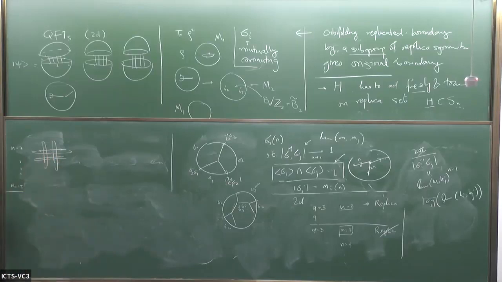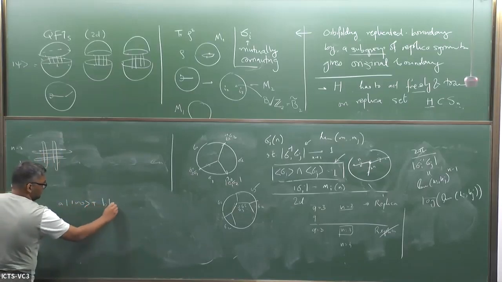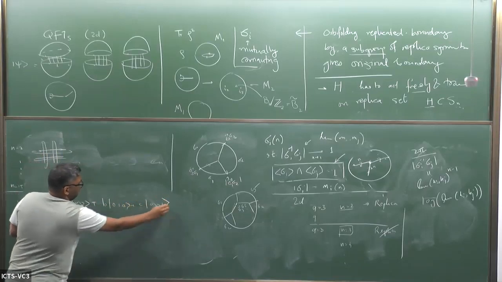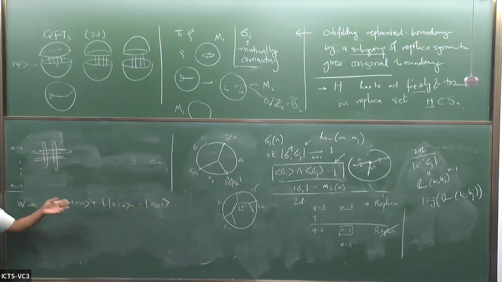And for a certain class of states, you can compute this in closed form. For example, W states. Let me remind you what the W state is. It's some state like a 100, so this is some generalized W state. For these things also you can compute.